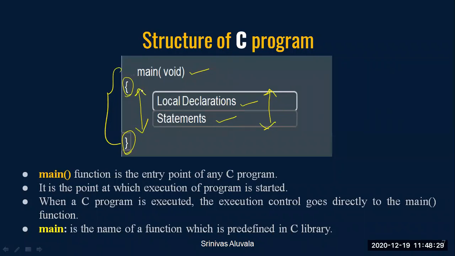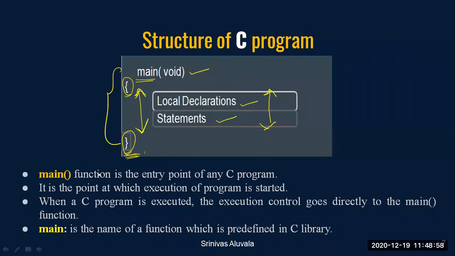If an algorithm starts with start and ends with end, in a similar way, my C program will start with a main function and end with a closing flower brace, or curly brace. In between the starting and ending braces, I have all the statements I want to use to get a solution to my problem. So this is the basic structure of a C program.